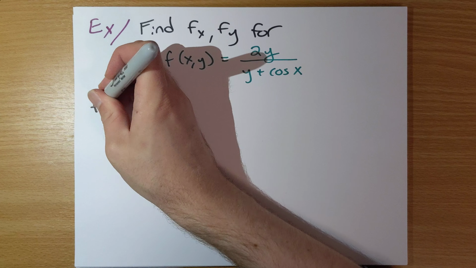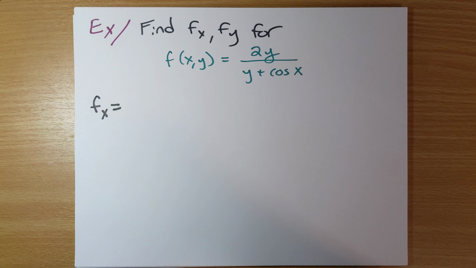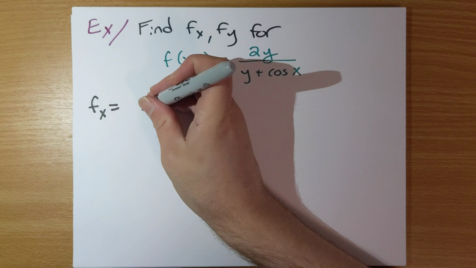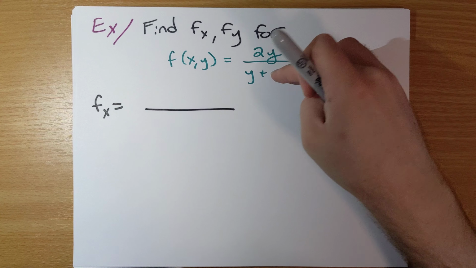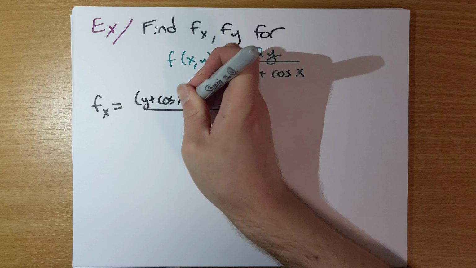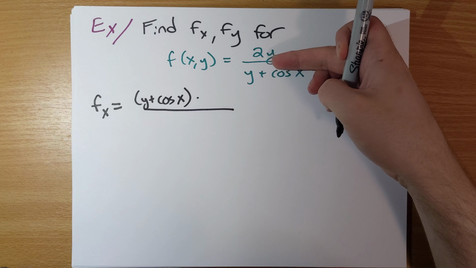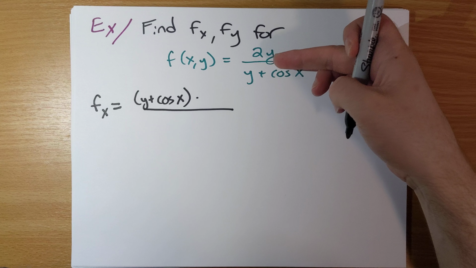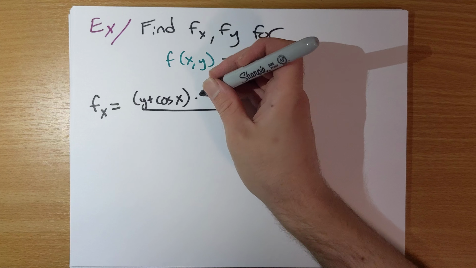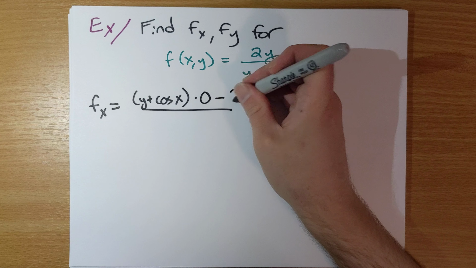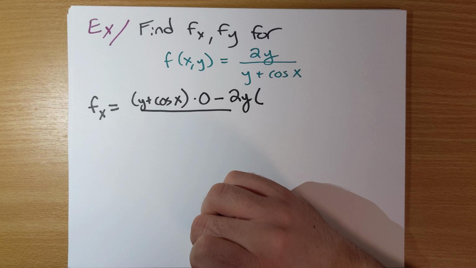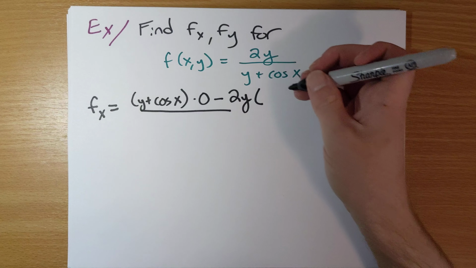So, quotient rule: the derivative with respect to x is the low function, y plus cosine of x, times the derivative of the high function with respect to x, the derivative of 2y with respect to x is 0, minus the top function 2y times the derivative of the bottom function with respect to x.